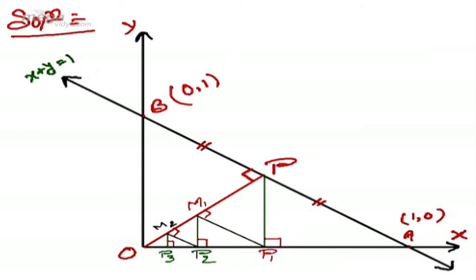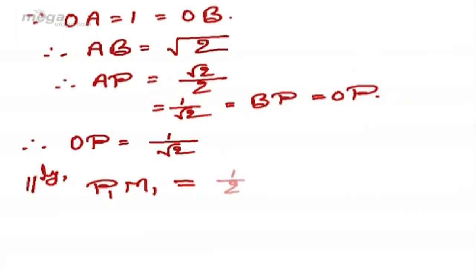Because PP1 is perpendicular, this angle should be 45, so here also 45. So P1M1 equal to half of OP, which is 1 upon 2 root 2.